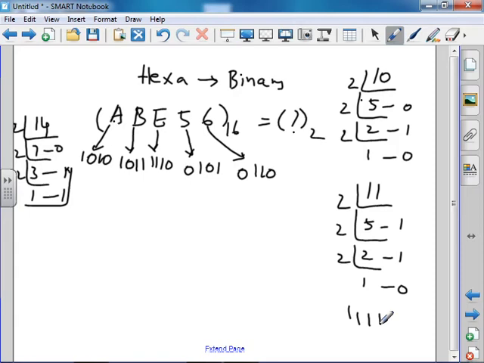I am going to give a small homework. Try this hexadecimal to binary: A6. Second exercise, BE.